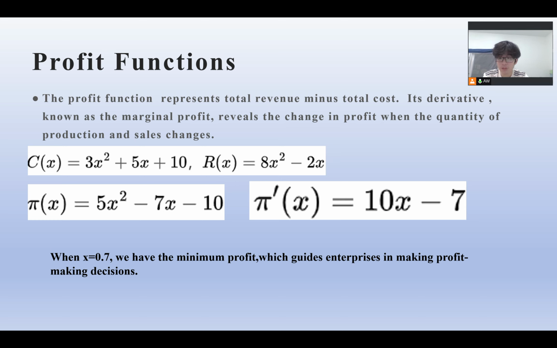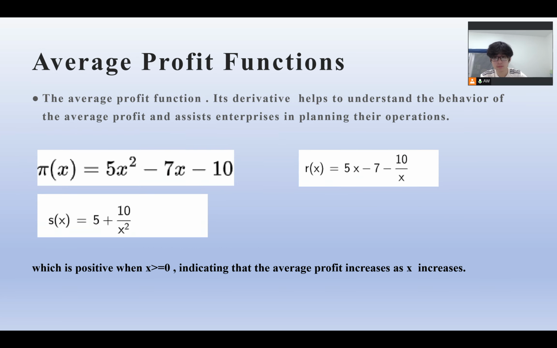So the profit function pi(x) equals 5x squared minus 7x minus 10, and its derivative is 10x minus 7. So we know that when x equals 0.7, we have the minimum profit, which guides enterprises in making profit-making decisions.